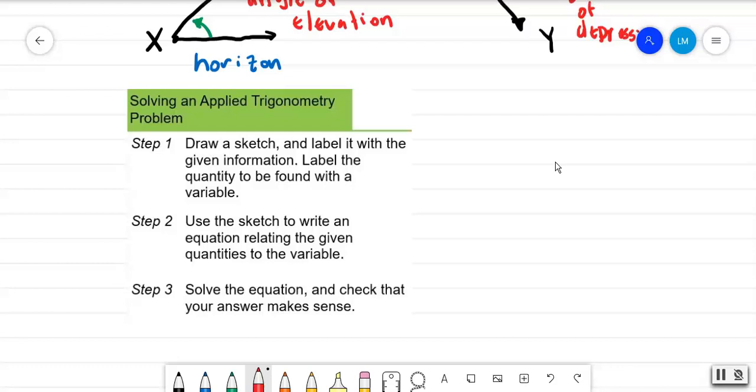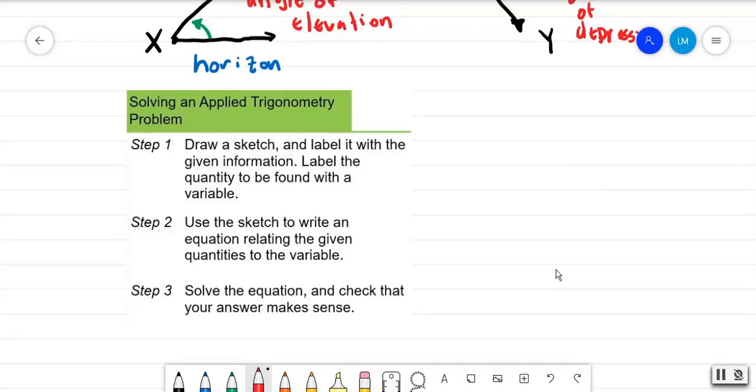This is more or less the four-step process that George Polya came up with. If you ever read the book How to Solve It, it's actually very interesting. I think that's the name, if I can recall. But basically, any math class is going to give you a step process, and this is very relevant to solving application problems.